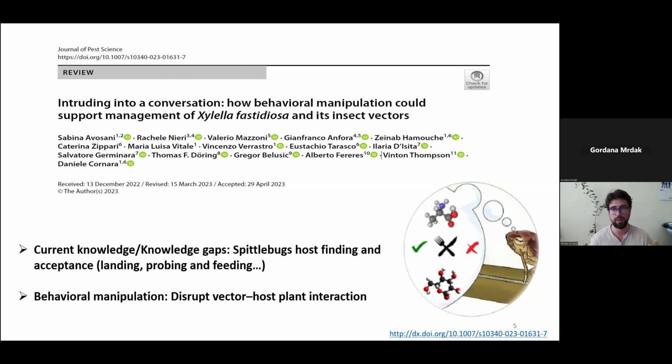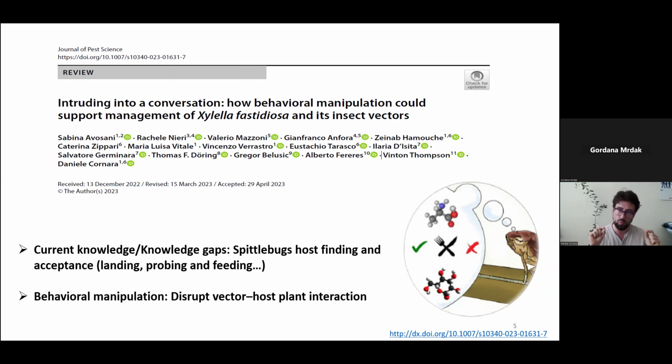Plus, they seem not to be that efficient at containing the spread of Xylella fastidiosa. So maybe a better strategy would be what we call behavioral manipulation: interfering with the cues that drive an insect toward a plant or permit the insect to recognize that plant as a suitable host, in order to interfere with the plant-vector relation, and so with the transmission of the bacterium.